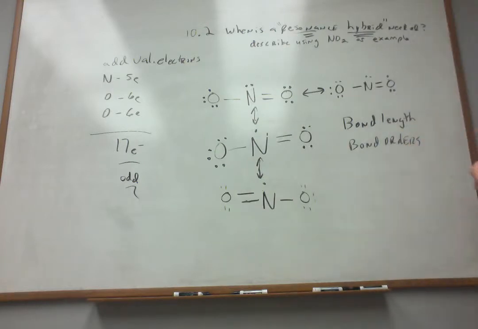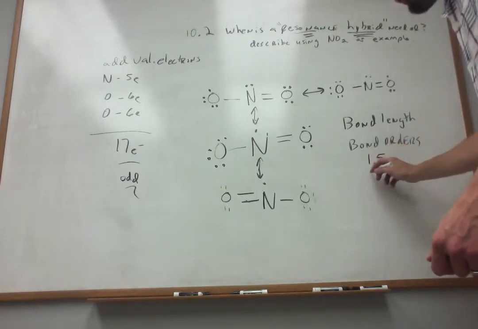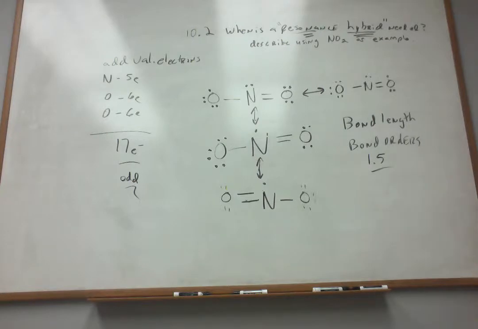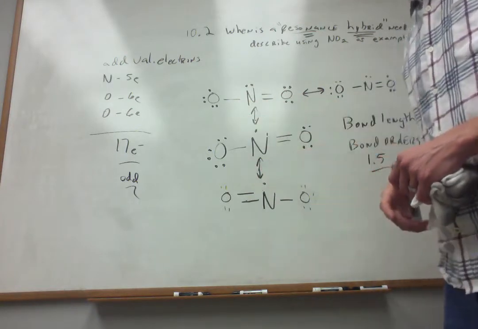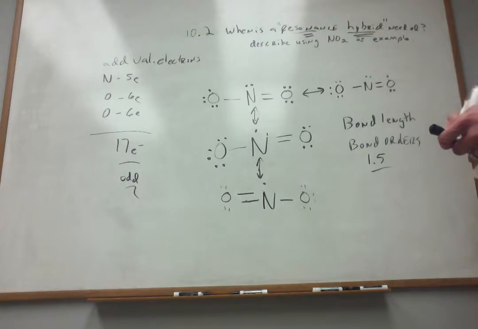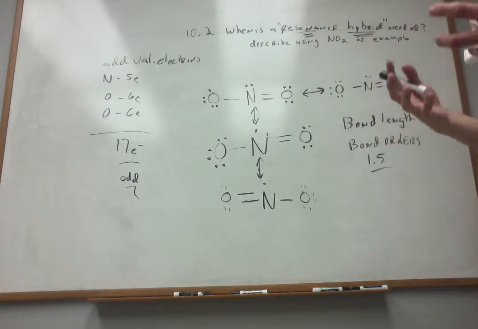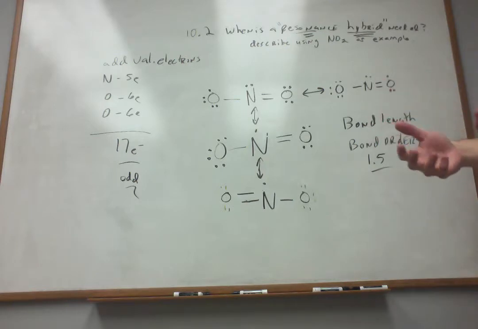I go in the lab and I try to make measurements, no difference between the bonds. I might get an average bond order of 1.5 for my molecule, essentially halfway between a single bond and a double bond. I can't tell where that single bond is and where the double bond is experimentally. And that's not necessarily because I'm limited with my precision of measurement.